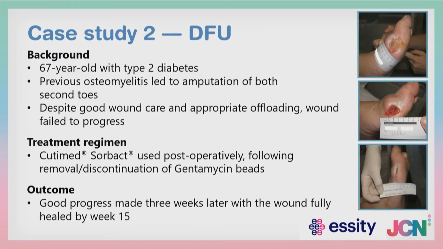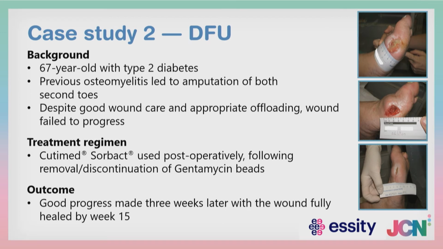Case study 2. We have a 60-year-old with type 2 diabetes. They've had previous osteomyelitis, which isn't uncommon when you have a diabetic foot ulcer occur. It is one of the complications. And in this patient, it led to amputation of both second toes on this foot. Despite good wound care and appropriate offloading, the wound just failed to progress.